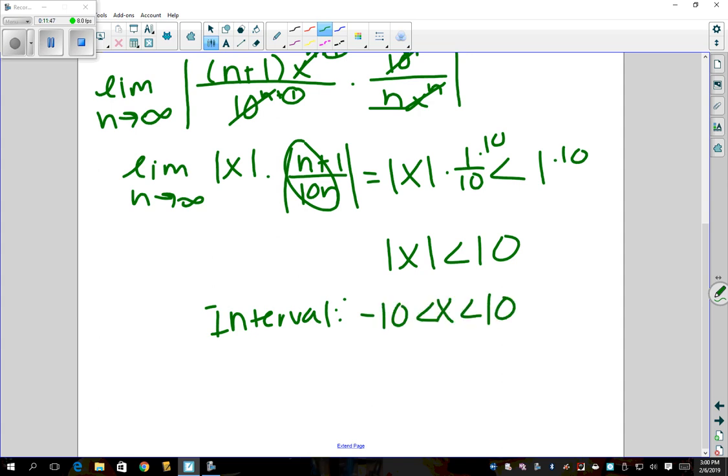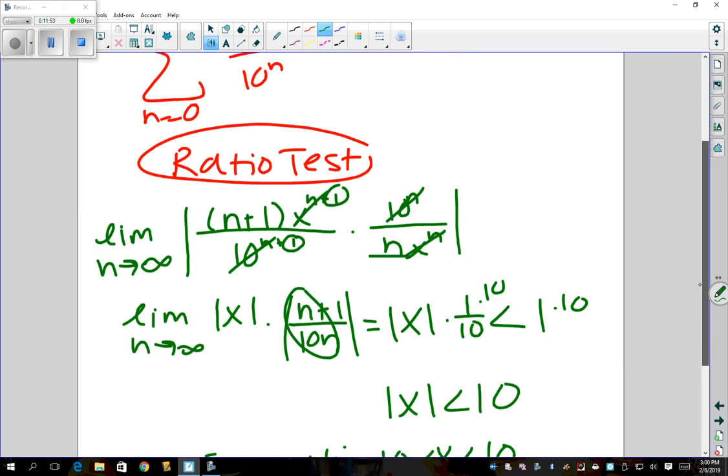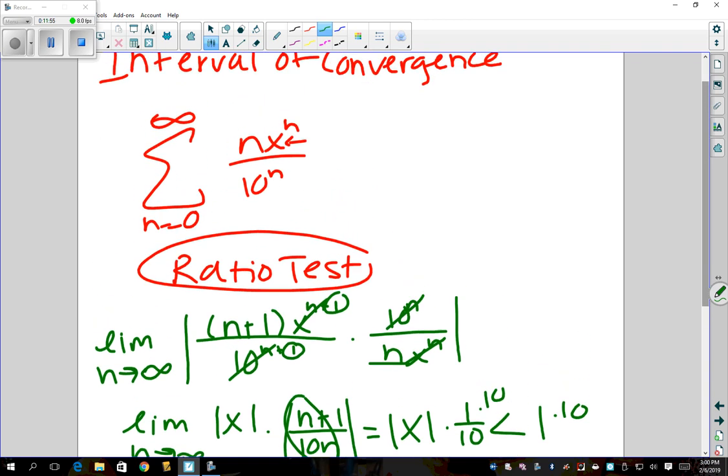So what this means is as long as x is between -10 and 10, the series will converge. And if I go back up and I look at where x is, if x was equal to, let's say, 9, this looks like a geometric series, and this would converge because our r is less than 1.